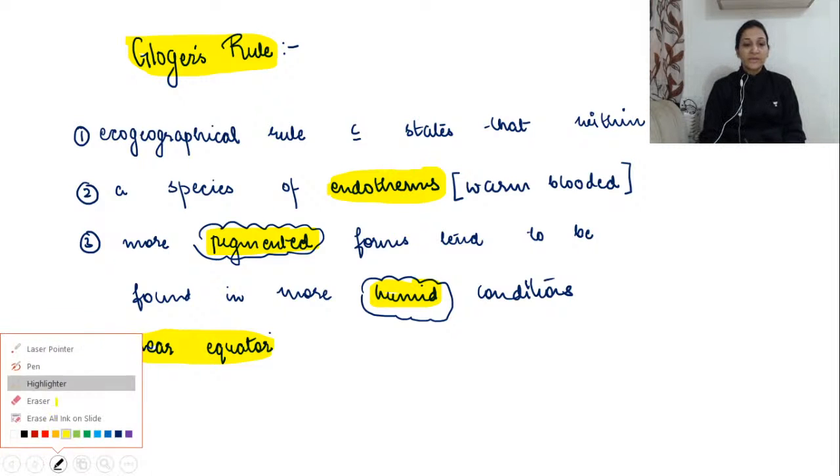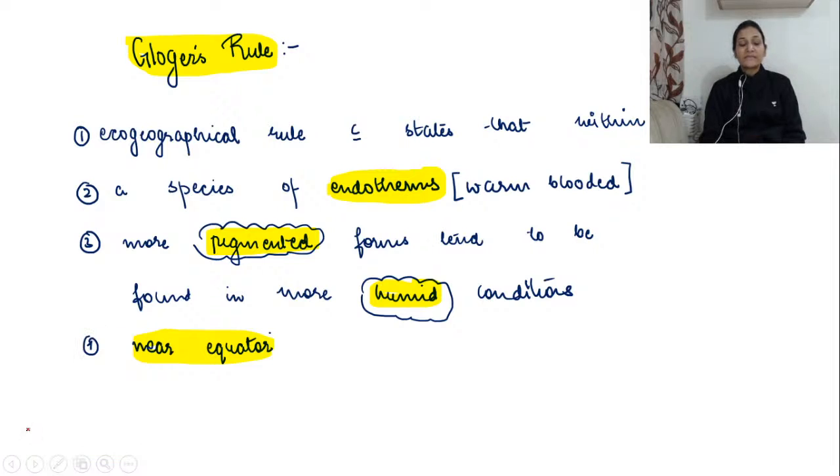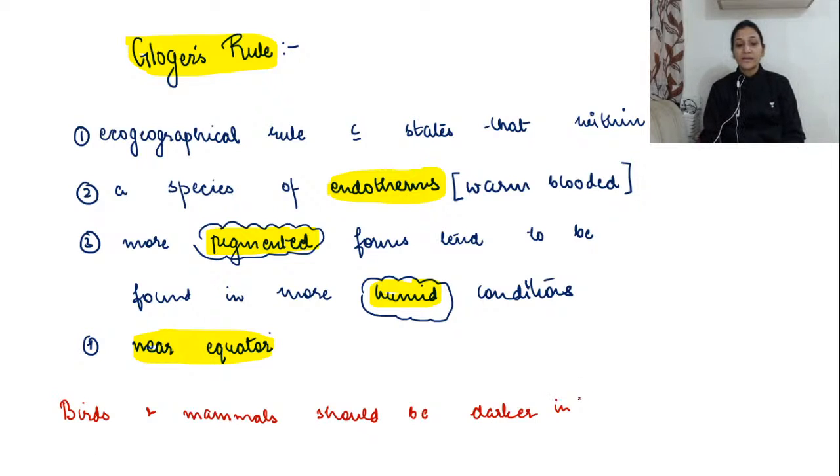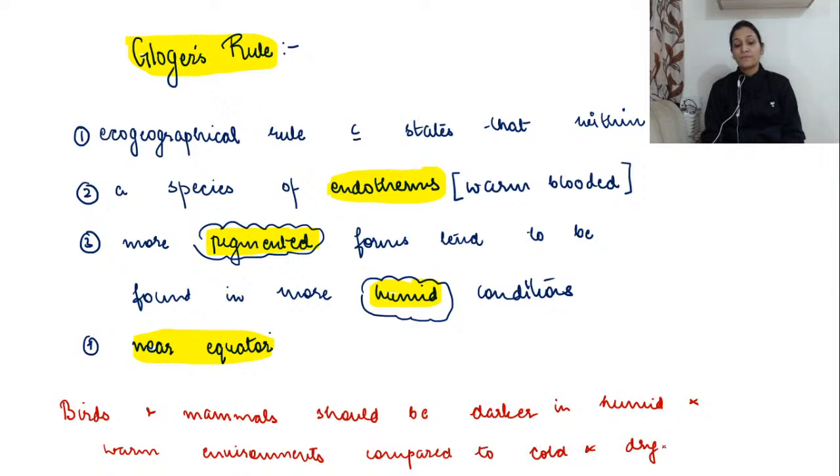Another thing about Gloger's rule that we should know is it states that birds and mammals, so when we are saying endotherms and warm-blooded animals, specifically we are talking about birds and mammals, should be darker in humid and warm environments compared to cold and dry areas.